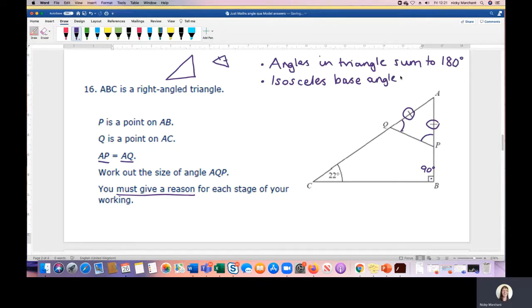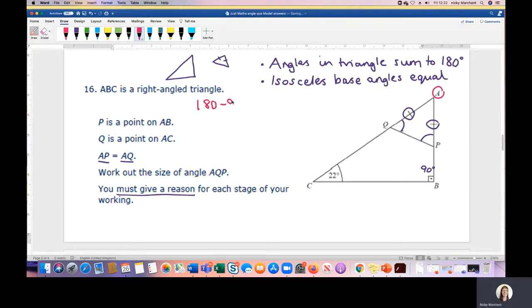Angles are equal to each other. So there's our two facts we're going to use already. If we get the right working out, we'll have ticked off the reasons and not forgotten to put them at the end. That's a missed mark if you don't put these reasons down. So the first job, we're going to use this first fact of angles of 180 to find the angle at A. So angle at A is going to be 180.